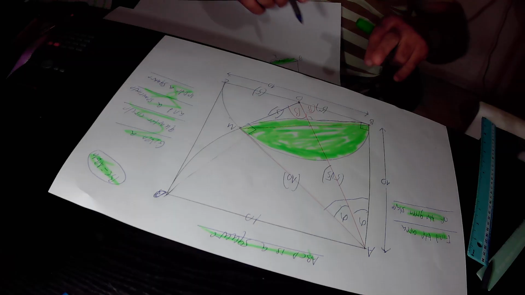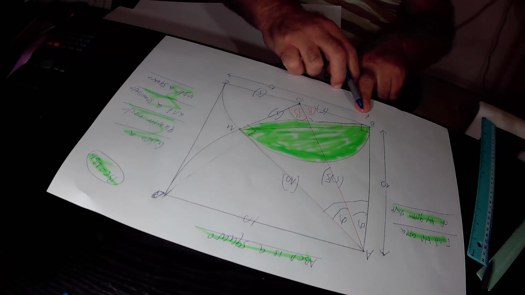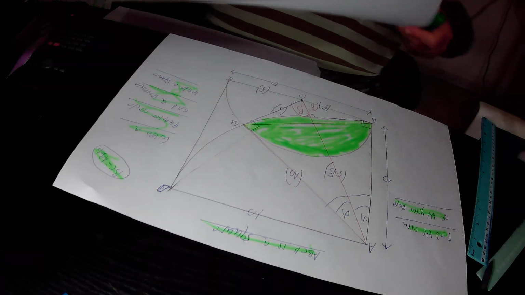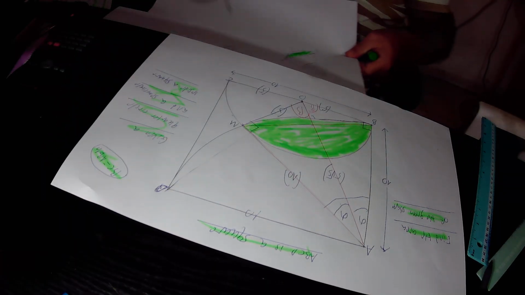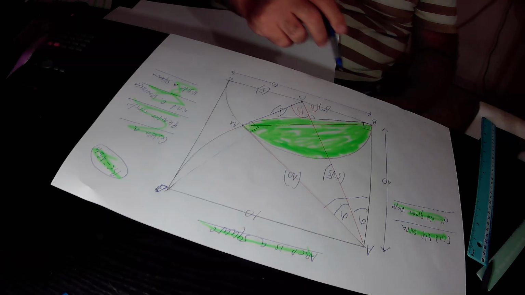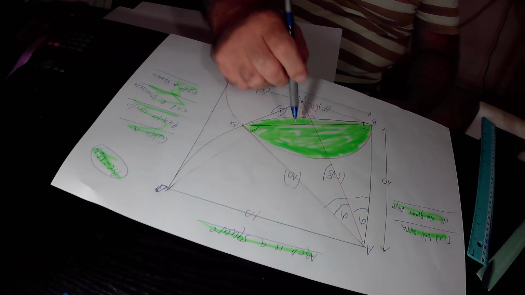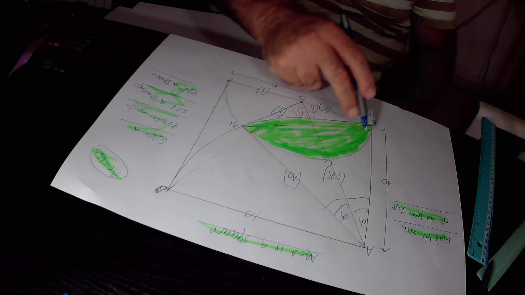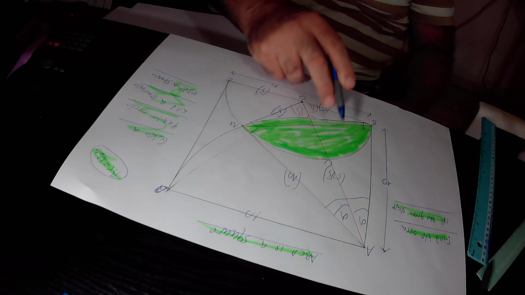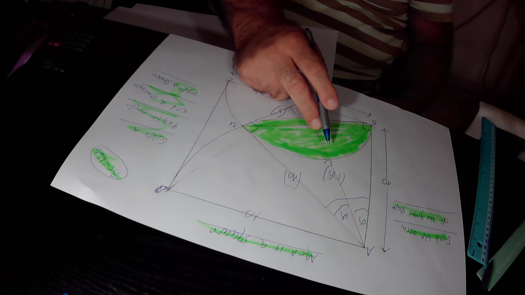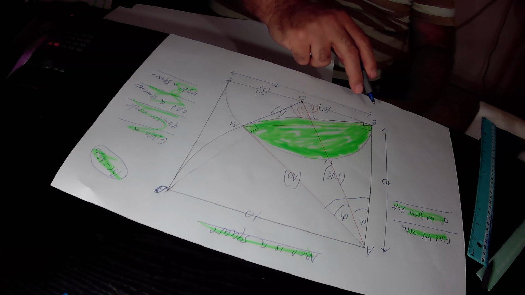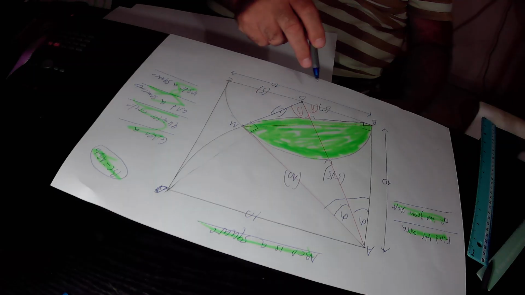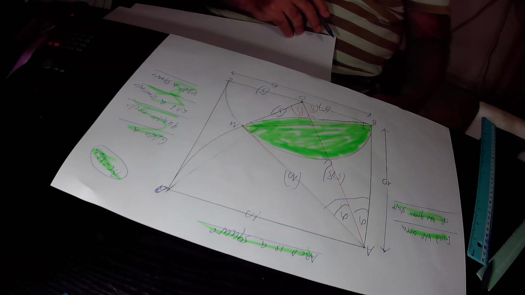So first we find the area of the lower segment BLM. We also have the upper segment, which we define as segment BUM, where U is an abbreviation for upper. The area of the upper segment BUM plus the area of the lower segment will be equal to the area of the green shape.